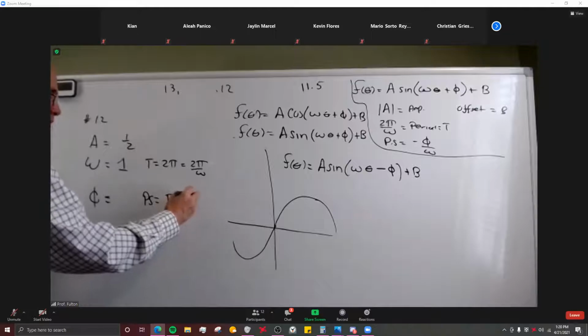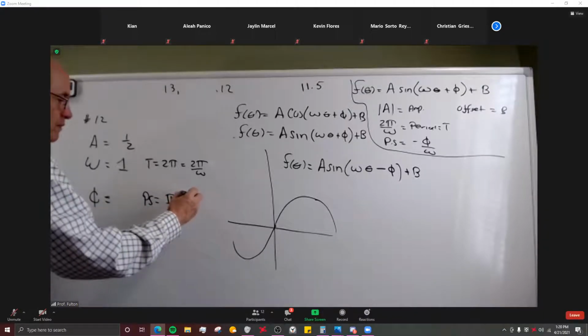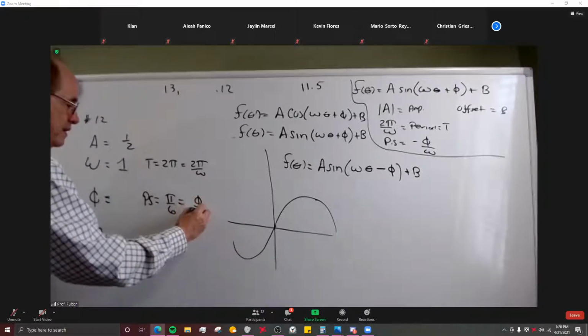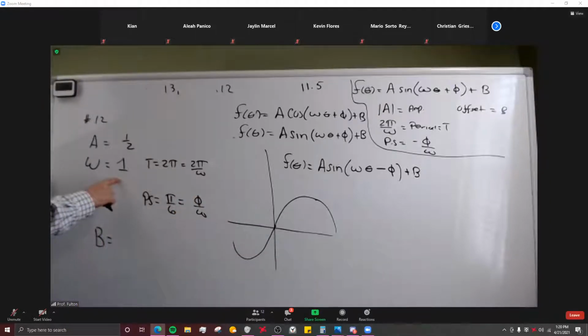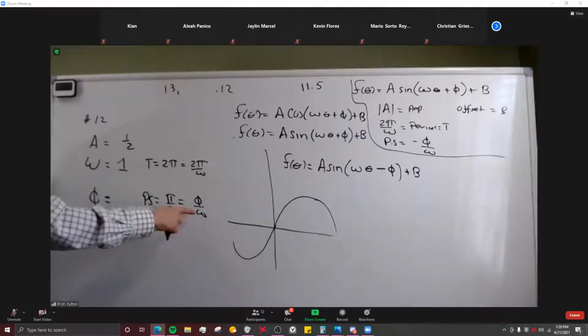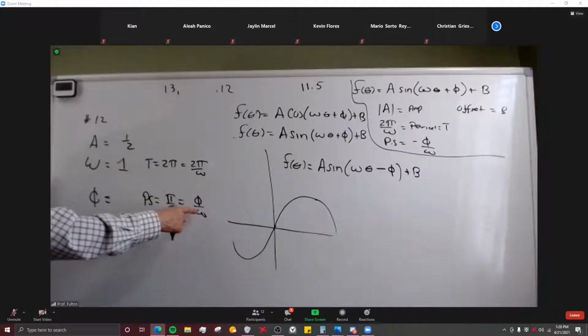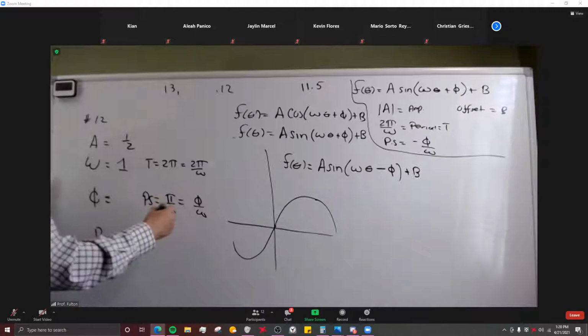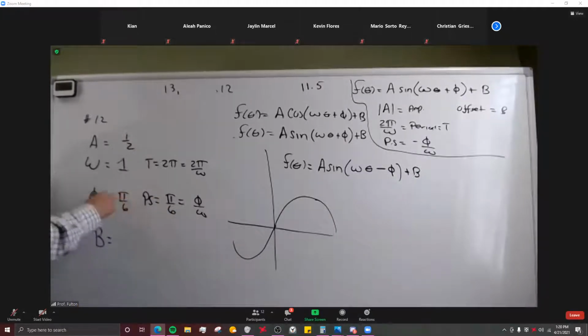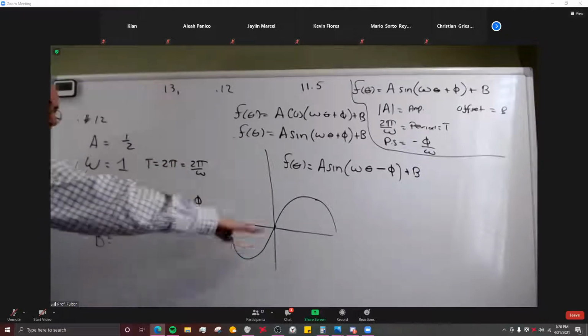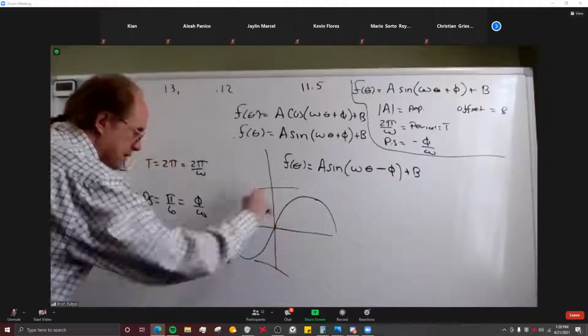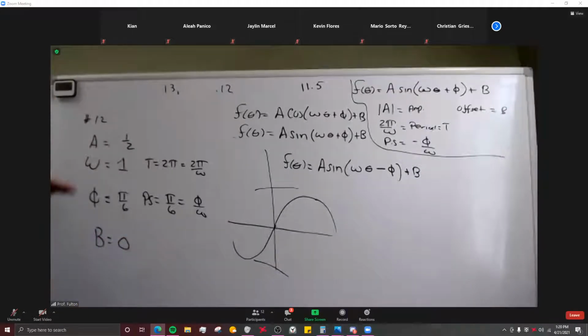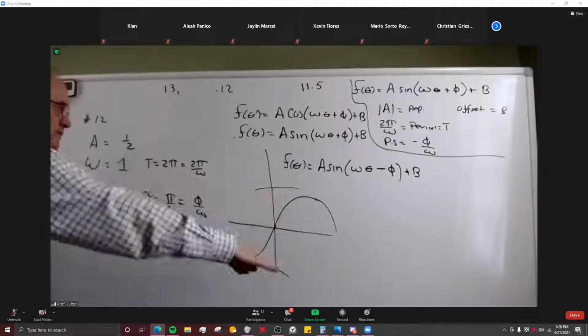That's equal to, we'll worry about the sign in a minute, phi over omega. But omega we already found was 1. So my phi is pi over 6, and we'll worry about the sign in a minute. It's symmetric, this distance and that distance, so b is 0. There is no offset. It's going plus or minus 0.5 forever and ever.